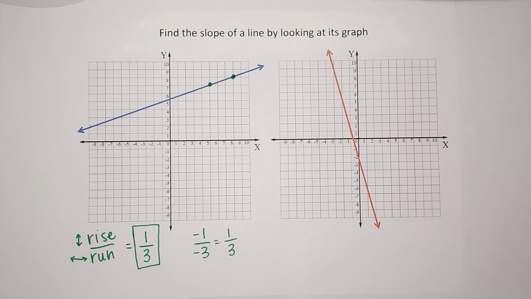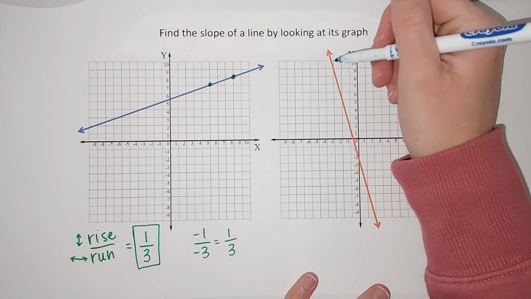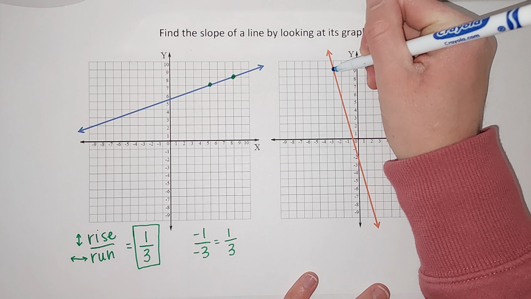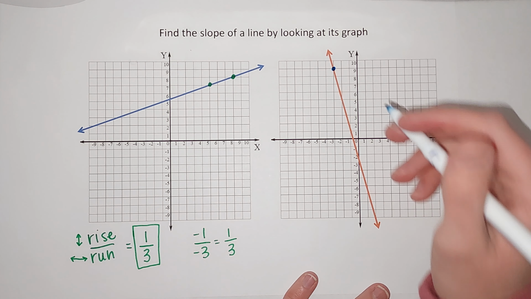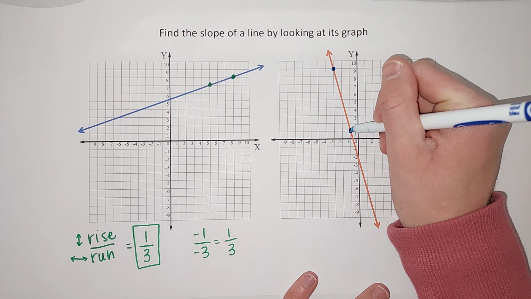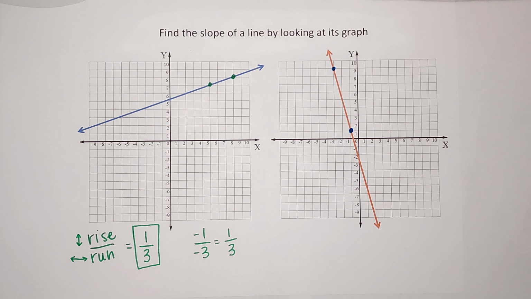So we're going to find, again, 2 points where it crosses pretty cleanly. Oh, I was grabbing an orange. That might be hard to see. We'll grab blue. Okay, so I see right here it crosses pretty cleanly, and right here it crosses pretty cleanly, okay? And so we are going to count.